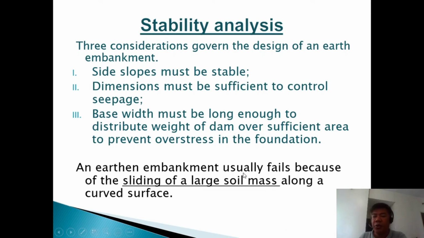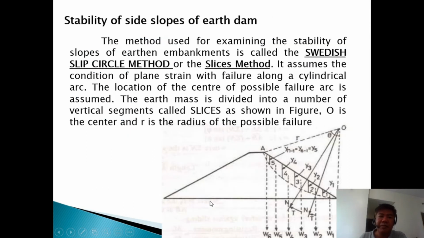So there will be a soil mass along a curved surface. That is part of the theory, which is based on the method of slices. You are going to draw that curved surface that is considered to be the sliding large mass. Based on that sliding soil mass, we check if the factor of safety is within the tolerable limit for stability analysis.